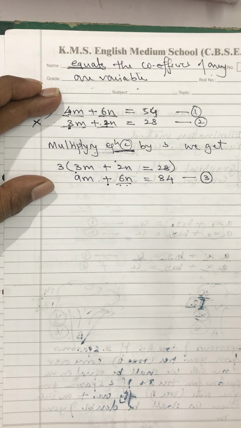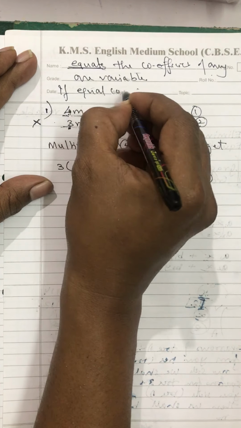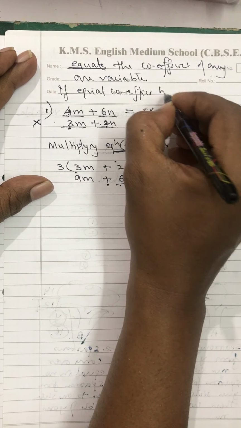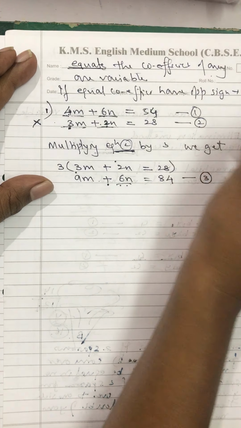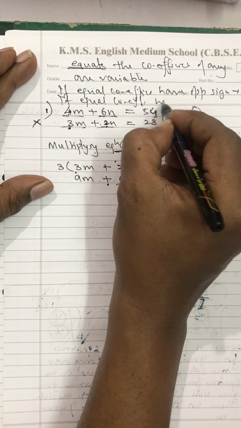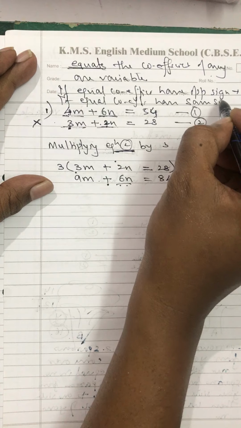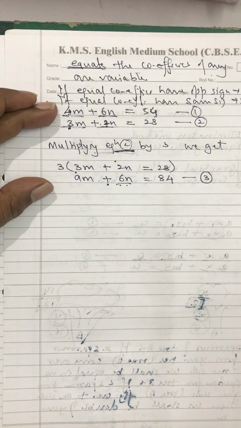If the equal coefficients have opposite signs, you will add. If equal coefficients have same signs, you will subtract. This is true.